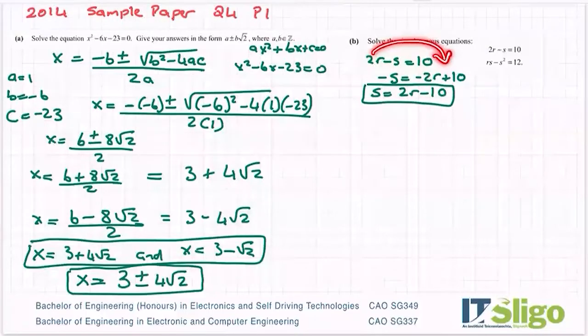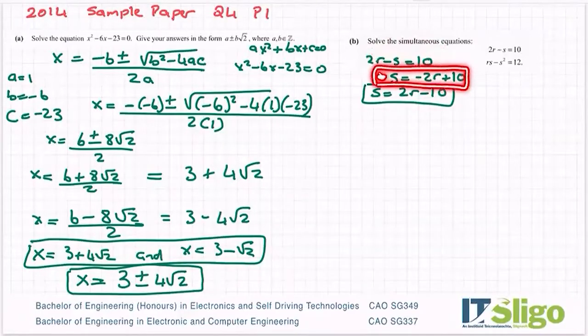You bring over the 2r and it becomes minus 2r, but you don't have the minus here, so that ends up being your answer. That's a very common mistake, but you have to take that s term as a minus term. It doesn't matter whether you have minus 10 plus 2r or 2r minus 10, that's the same thing.